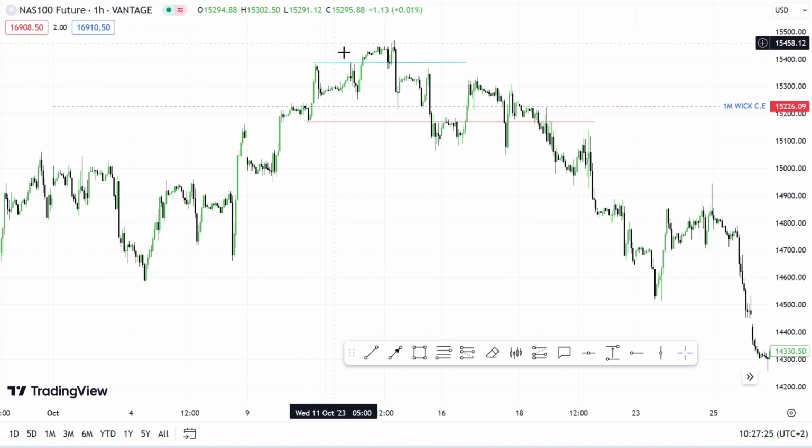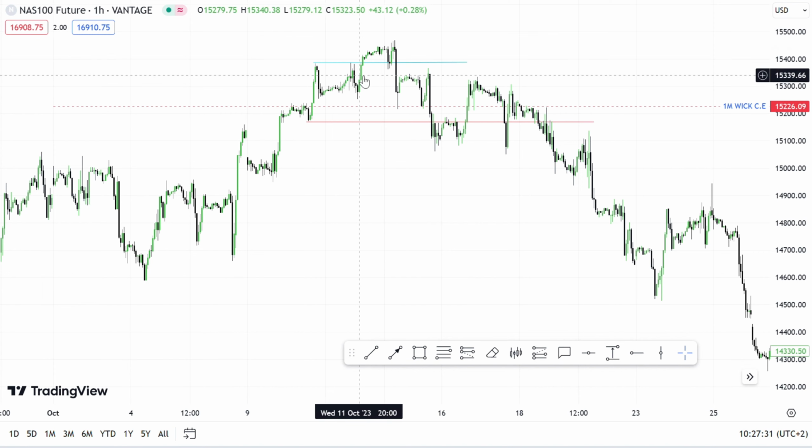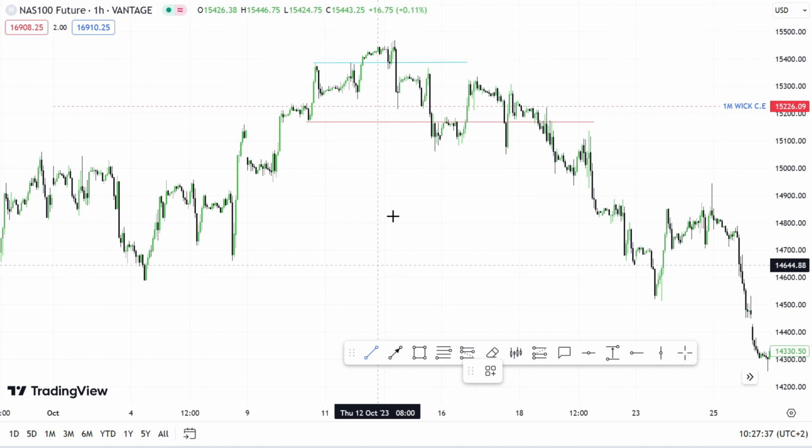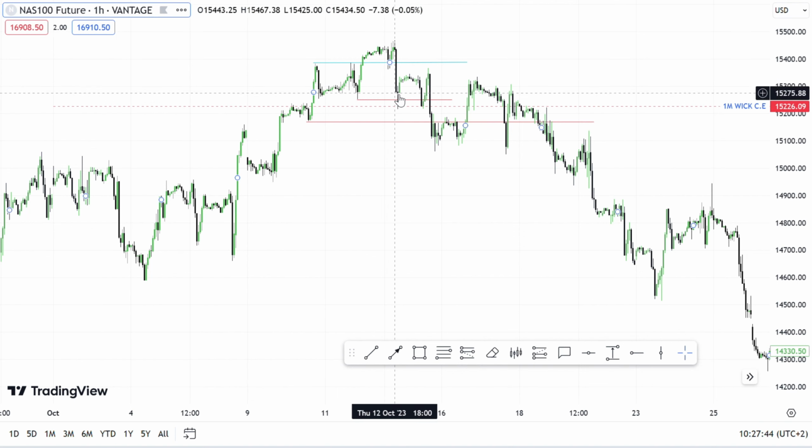As I've been speaking about this, it took out liquidity above. After taking out liquidity above, there's internal liquidity right here. After taking out this low right here.